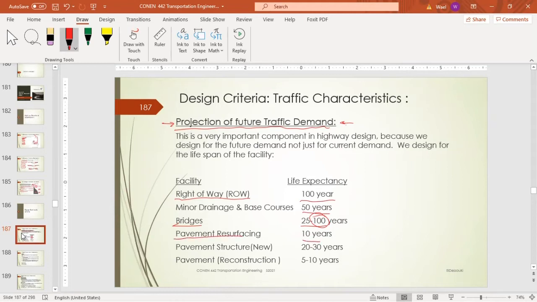Every 10 years. Pavement structure, when we design the structure of the pavement, we use at least between 20 to 30 years. Pavement reconstruction, from 5 to 10 years, and so on. Here, the right of way, this is basically when we acquire right of way, we look for 100 years.